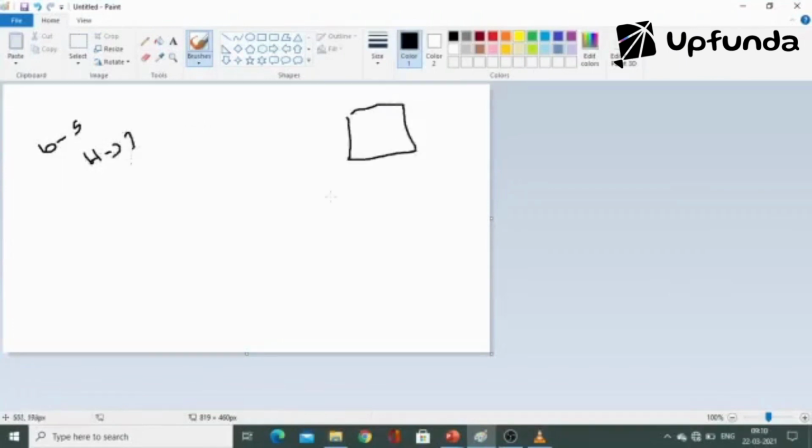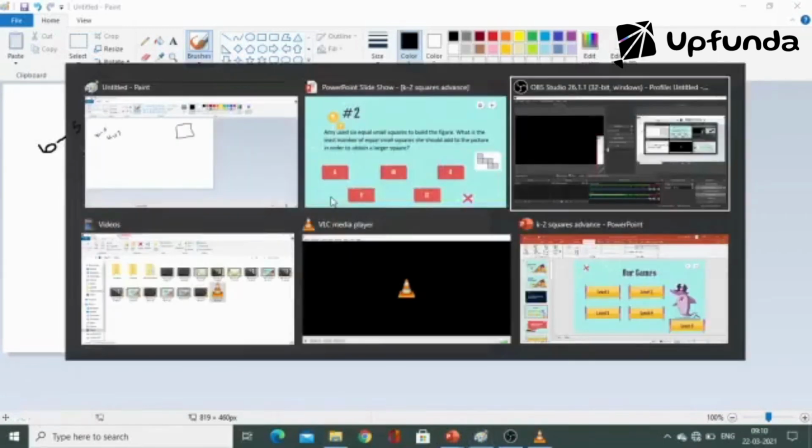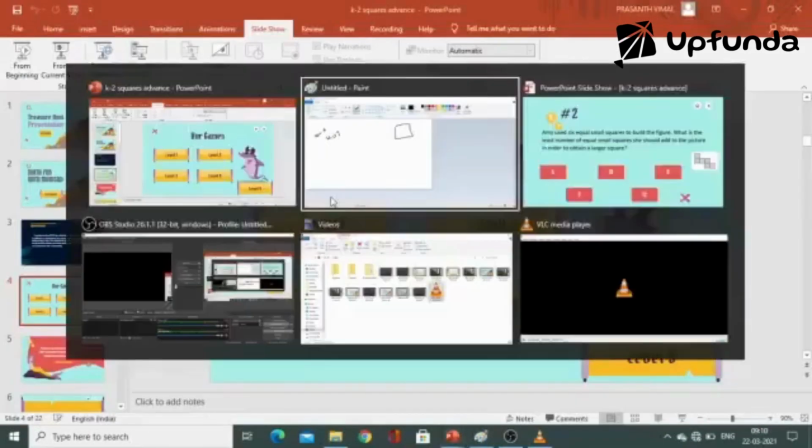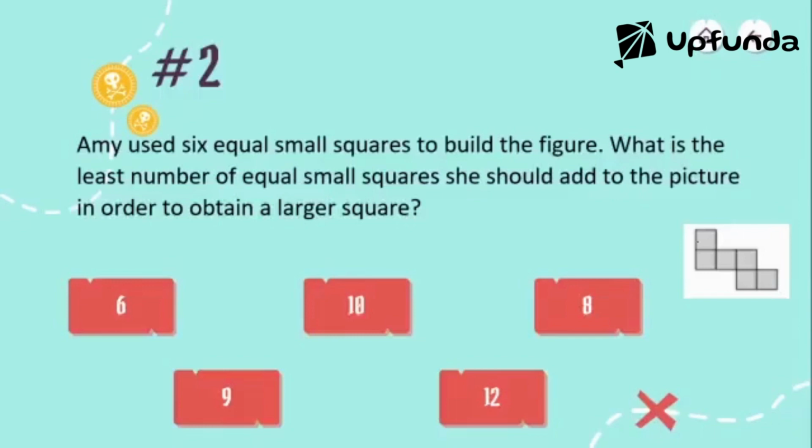Okay, from this picture you can see 1, 2, 3, 4, 5 and 6. Okay, now you should calculate the number of rows and columns. Okay, this is 1 row, 2 row and 3 row.